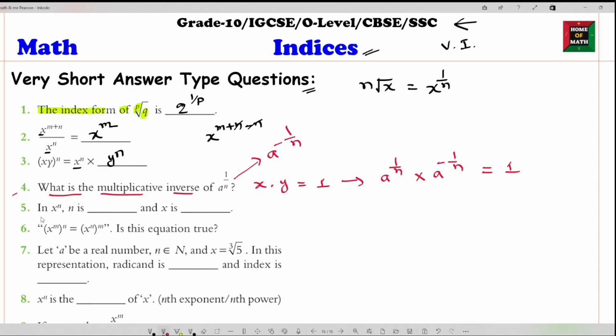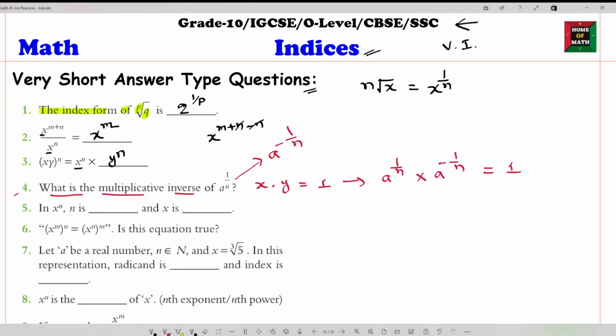Okay. Number 5: in x to the power n, what are n and x? Here x is the base and n is the exponent.